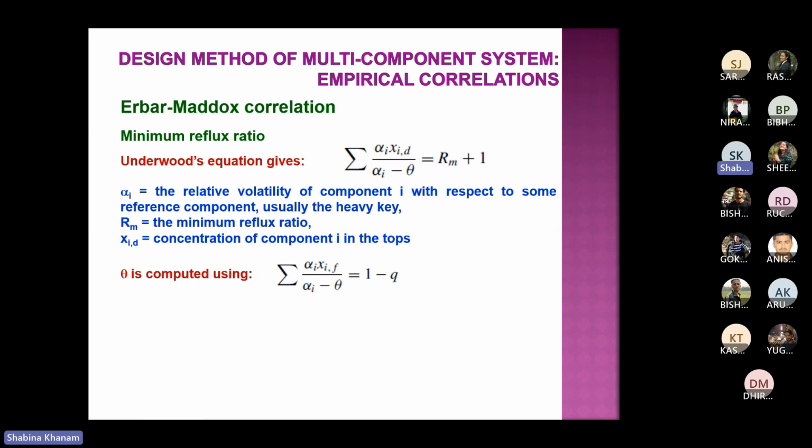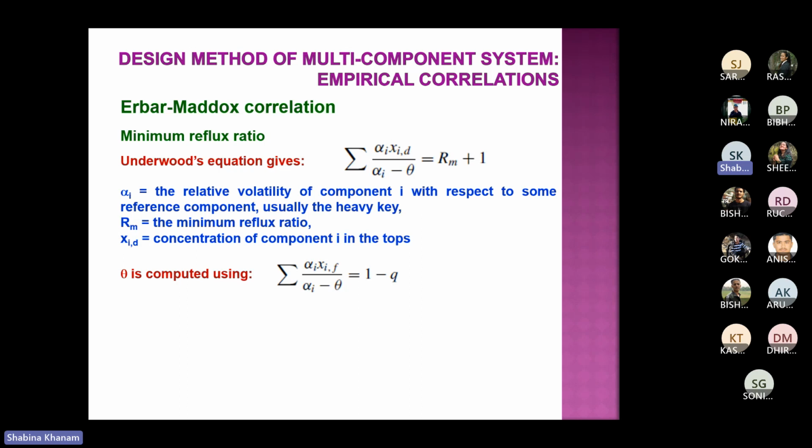Okay, so you can keep on adding this, like for the first component, that is alpha 1 x1,f by alpha 1 minus theta, plus alpha 2 x2,f by alpha 2 minus theta. In this way, whatever the number of components, so many terms will be available with theta.